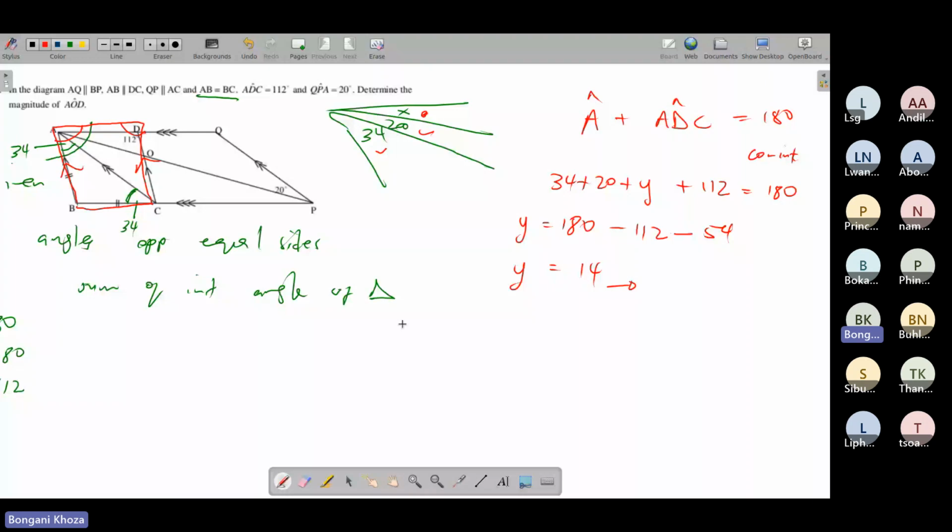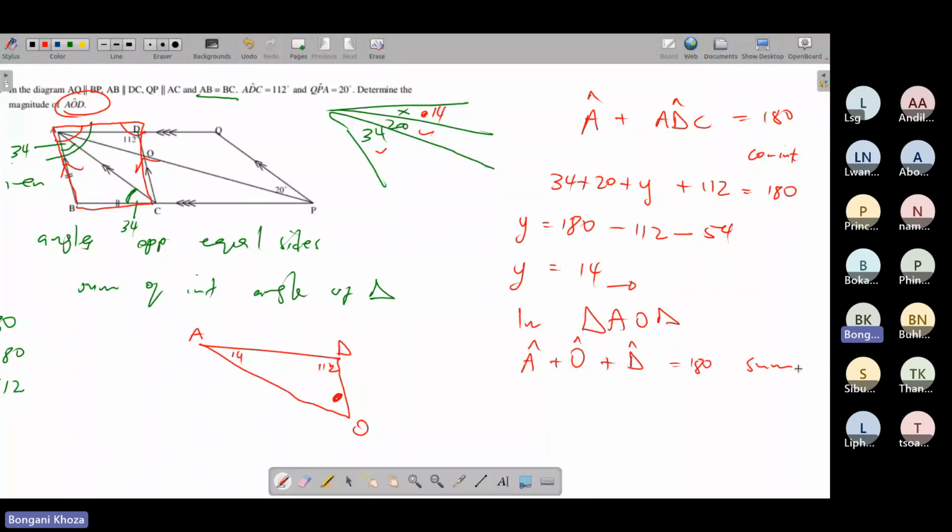So now if we take a look at triangle ADO. This is D, this is 112, this is 14, this is A, this is O. The angle that we are asked to find is AOD. So we're trying to find this angle over here. In triangle AOD, angle A plus angle O plus angle D equals 180, and that's the sum of interior angles of a triangle.